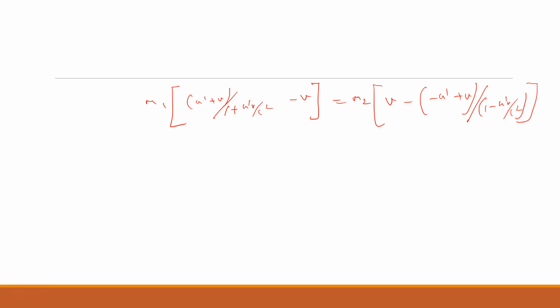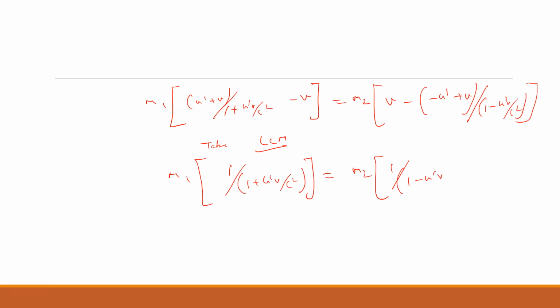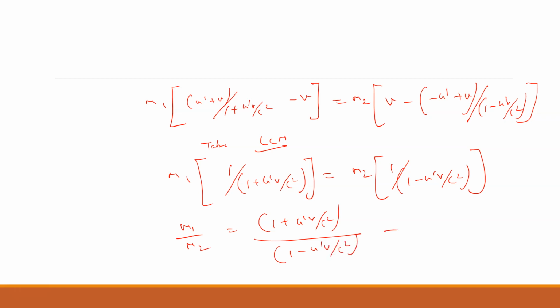We will get, taking the LCM and solving it, m1 times 1 divided by 1 plus u dash v by c square equals m2 times 1 divided by 1 minus u dash v by c square, or m1 by m2 equals (1 plus u dash v by c square) divided by (1 minus u dash v by c square).